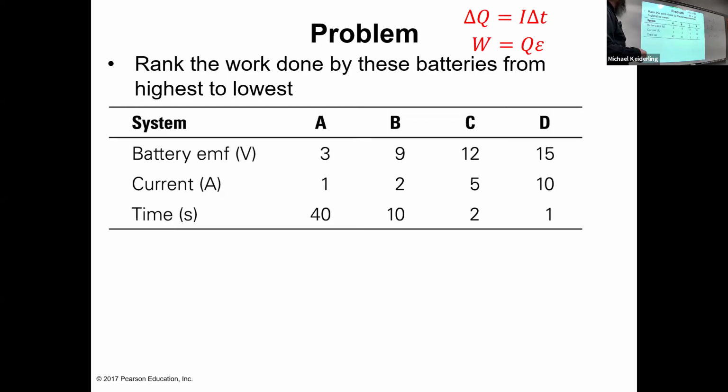And they're running for various times: A for 40 seconds, B for 10 seconds, C for 2 seconds, and D for 1 second. Remember, delta Q is current times time, and work is charge times EMF. So we want to rank these batteries in work done from highest to lowest.